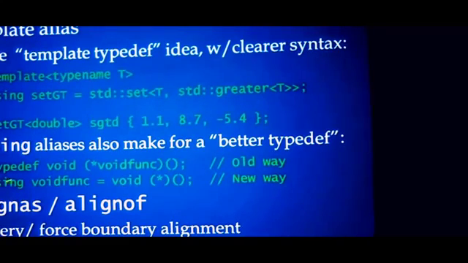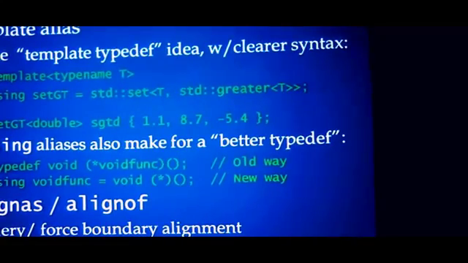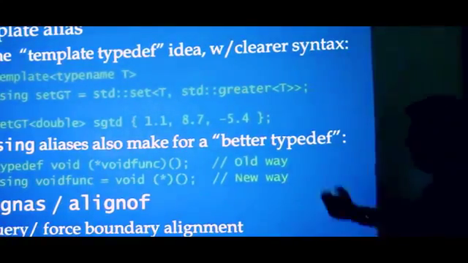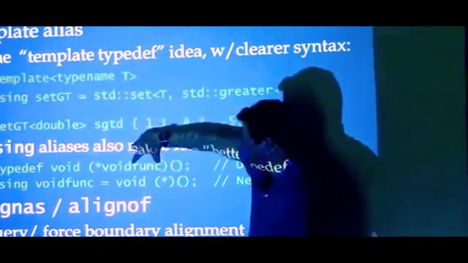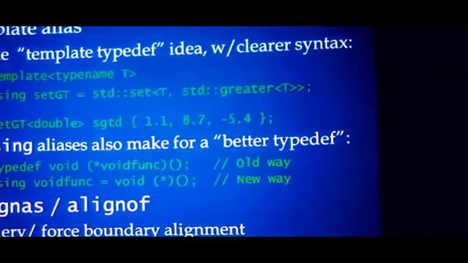Well, instead, you can just say using void func equals, and then you can specify that declaration without the identifier, and that makes it really clear. Pointer to func, well, relatively really clear. Okay, maybe in this example, but imagine if this was a lot more complicated. This is going to be more readable, because it takes that identifier and puts it right here. It doesn't bury it in the middle of a complex declaration. That was the part that was confusing with the original typedef mechanism.